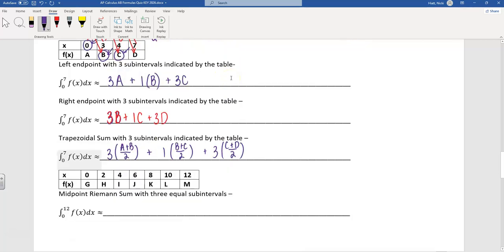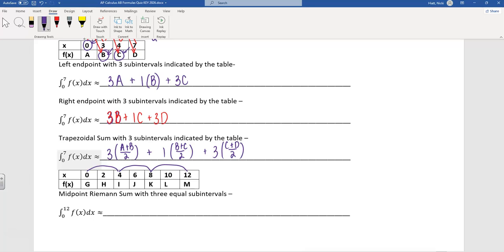Okay, questions there? For midpoint Riemann sums, if we do this midpoint Riemann sum with 3 equal subintervals, you're going to have more points than it looks like you need for 3. But that's because here's your first jump, here's your second, here's your third. Now this particular problem, I gave you one where all the intervals were the same length.